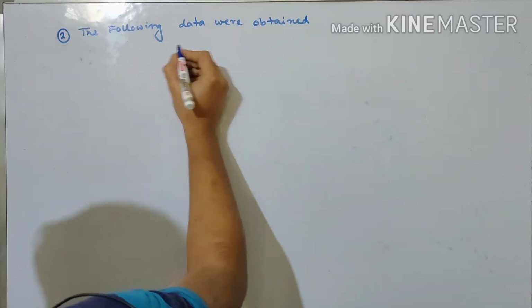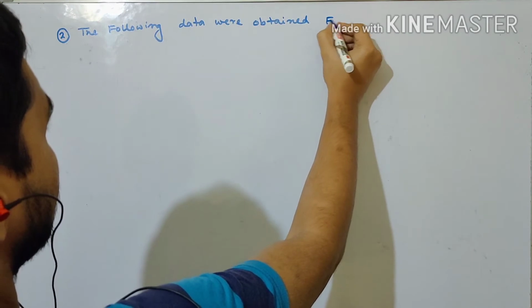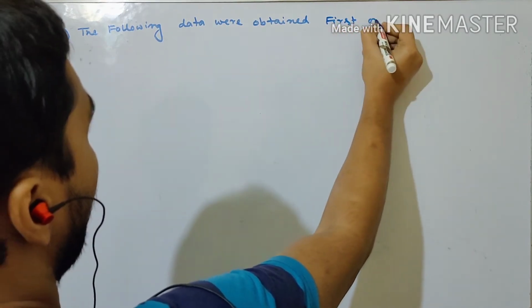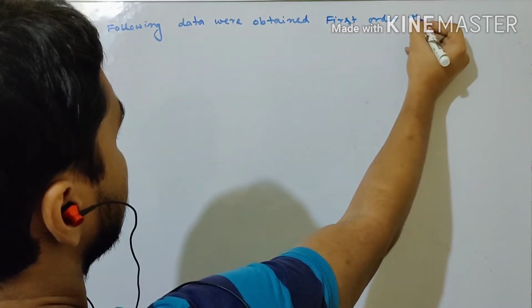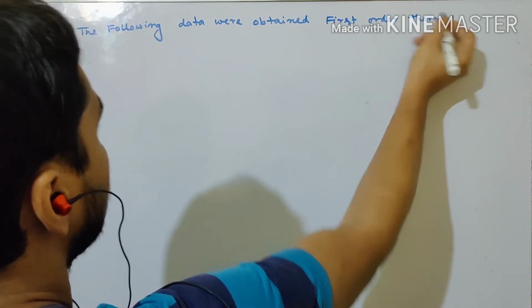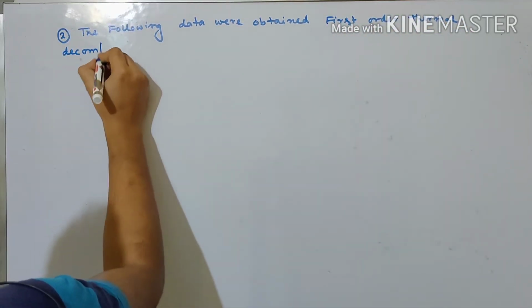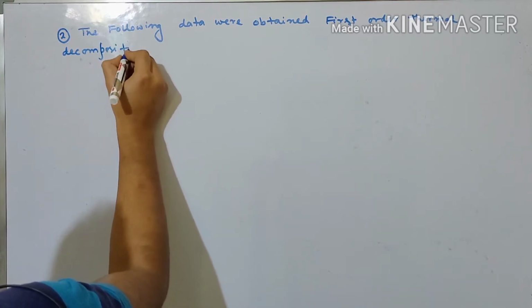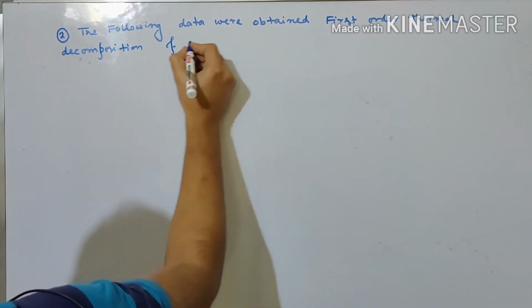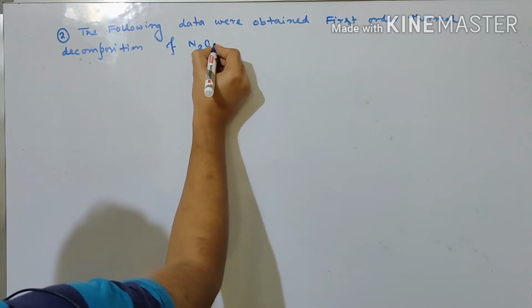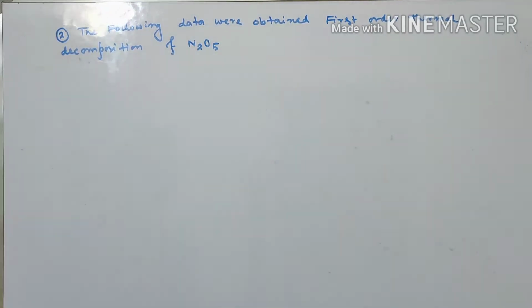First order thermal means with the help of heat, thermal decomposition of N2O5. What is happening there?